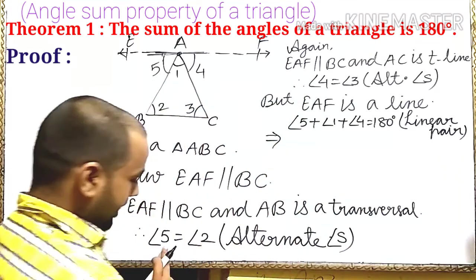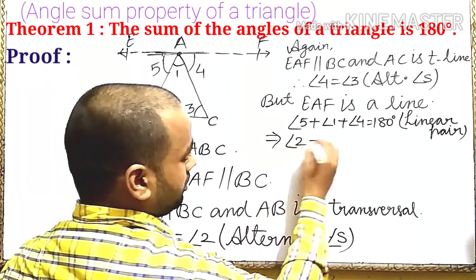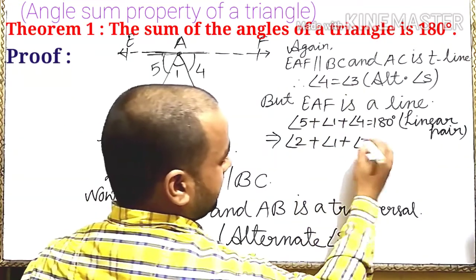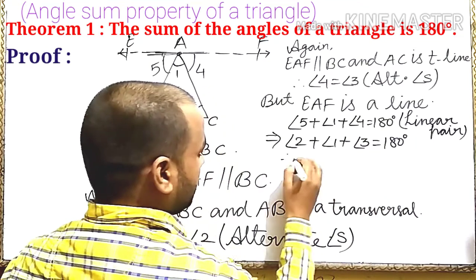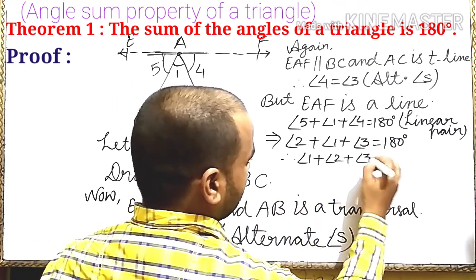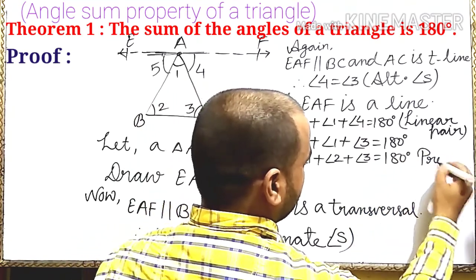In the first equation, angle 5 is equal to angle 2. In place of 5, write angle 2 plus angle 1. Angle 4 is equal to angle 3. Then write angle 4 is equal to 3. Therefore angle 1 plus 2 plus 3 is equal to 180 degrees. Proved.